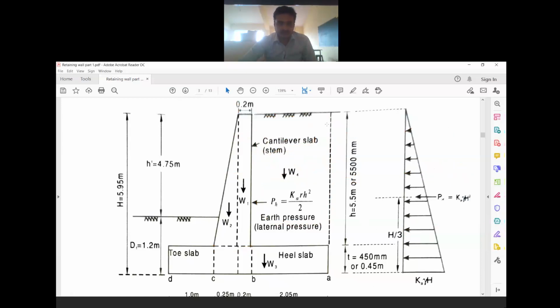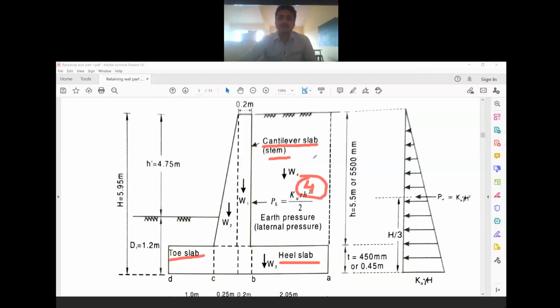As we learned in the introduction, the cantilever type retaining wall contains three parts: the cantilever stem, the toe part and the heel part. In a counterfort retaining wall, one more portion will be there, that is the fourth portion, the design of the counterfort.